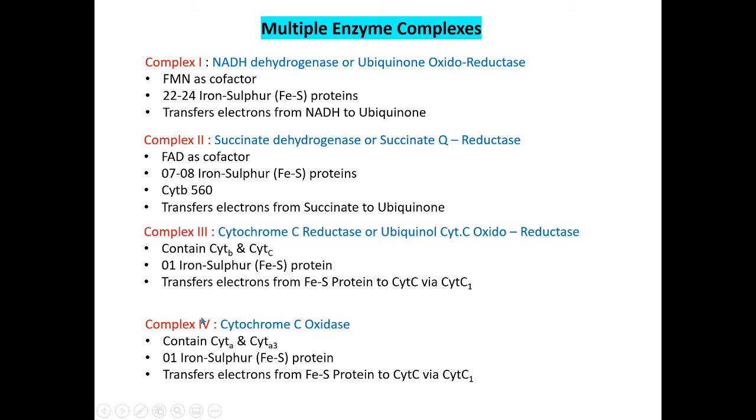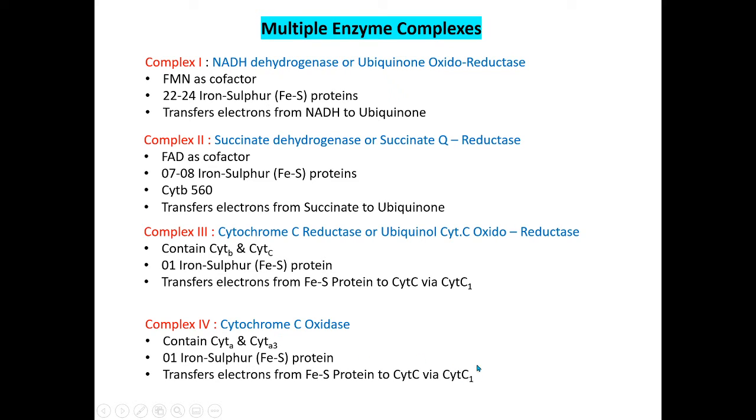And the fourth one, complex 4, cytochrome oxidase. It contains cytochrome A and cytochrome A3 as electron carriers, and it transfers electrons from cytochrome C to cytochrome A3 and ultimately to oxygen.